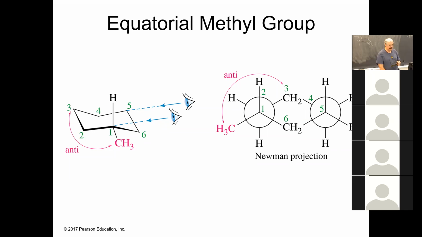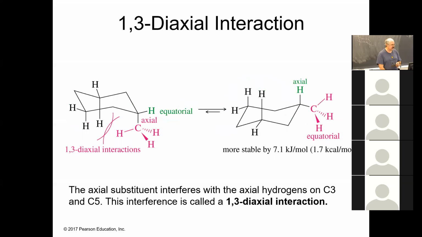And so there's more room in the equatorial position. A cyclohexane ring with substituents in the equatorial position is more stable, lower energy than when substituents are in the axial position. Okay, when the methyl group is in the axial position, you have what are called 1,3 diaxial interactions.